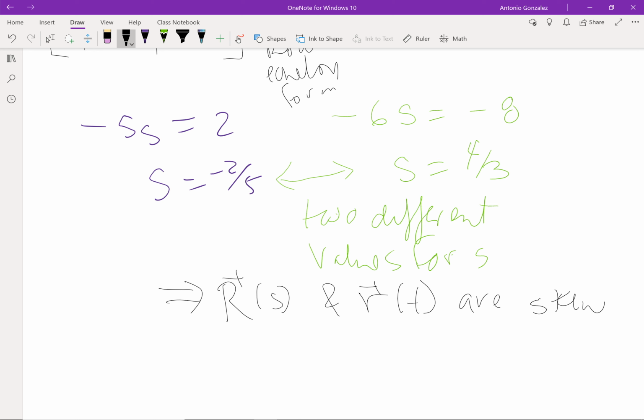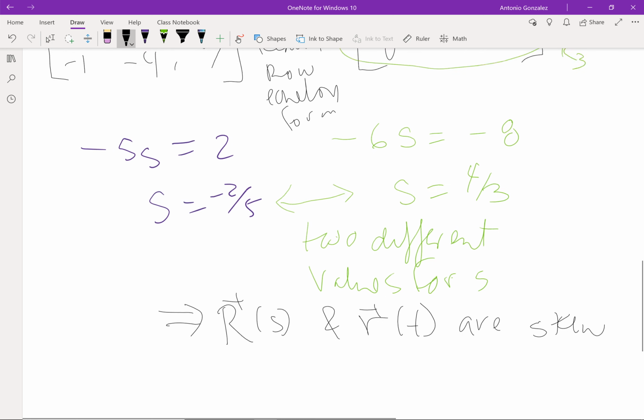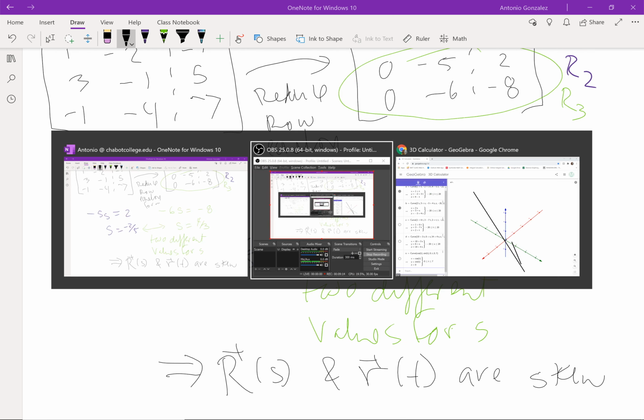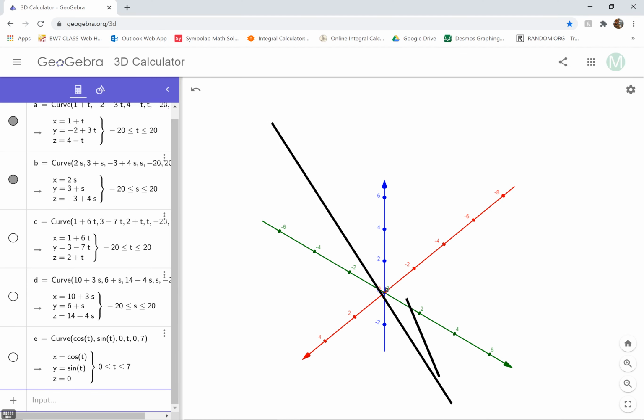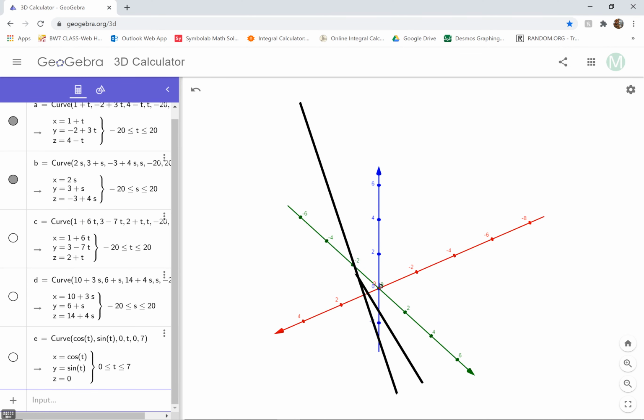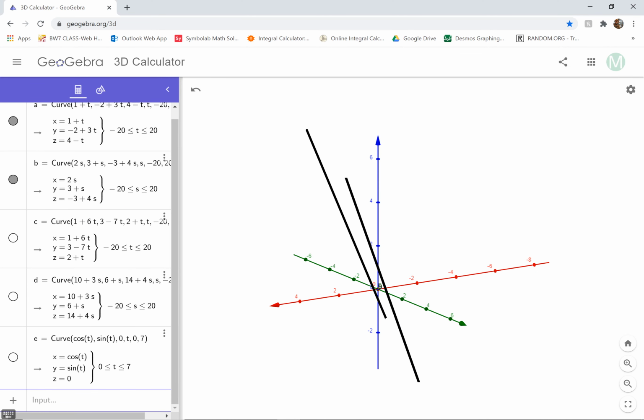We try to solve for unique values of s and t. That is not possible. So that leads me to the conclusion that they are skew, right? And if we look at the graph here, you see the graphs of these two lines that we're working with, and they exist on different planes. So they are, in fact, skew.